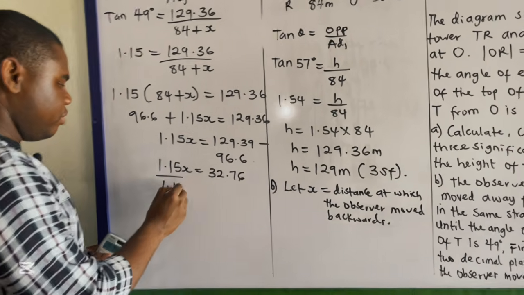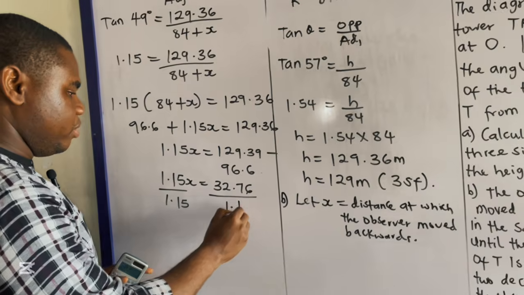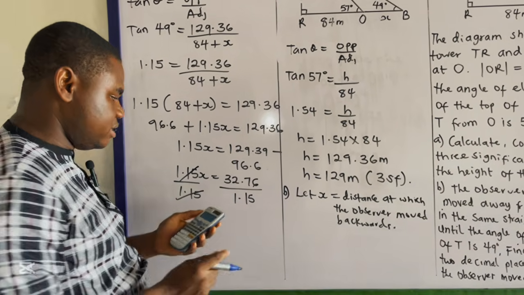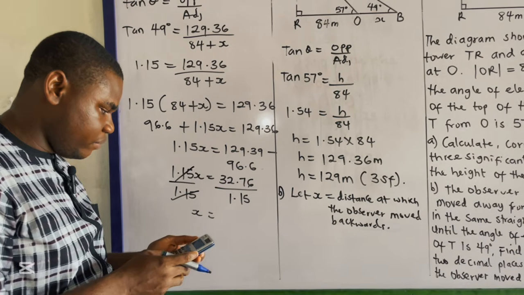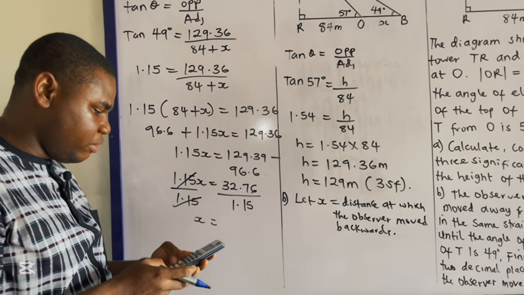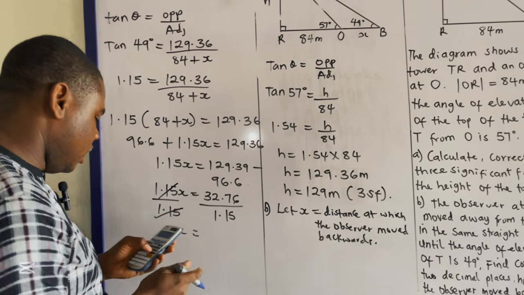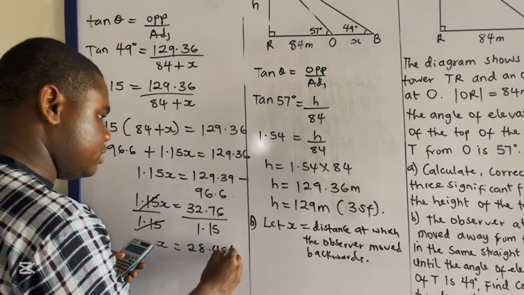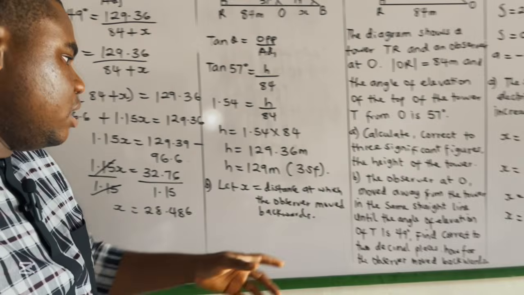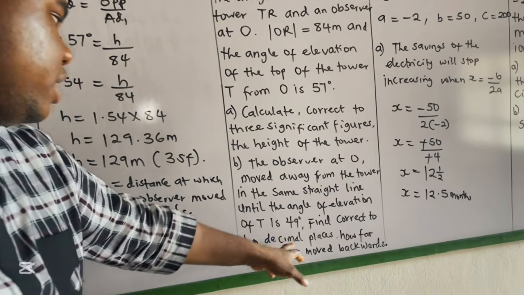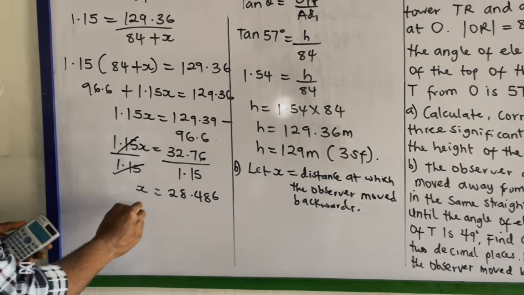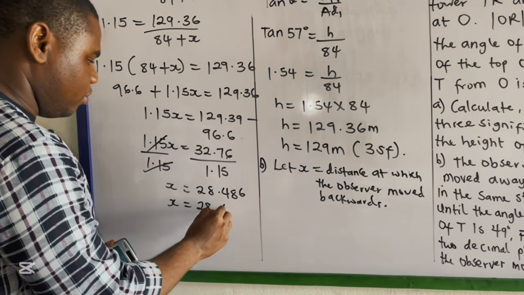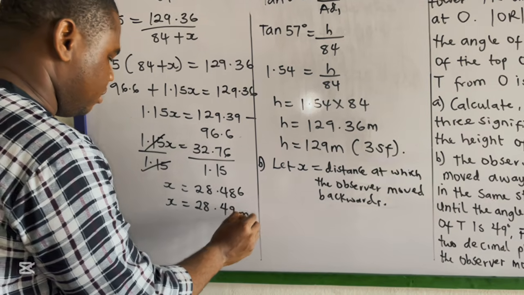So x is equal to 32.76 divided by 1.15. So that will give me 28.486. But the question says find correct to two decimal places. So in this case now, x is equal to 28.49 meters.